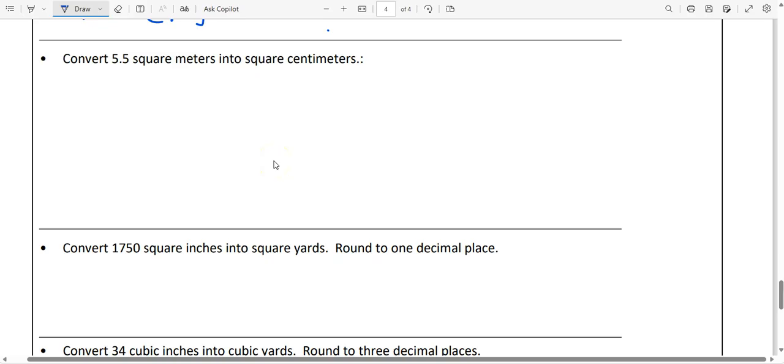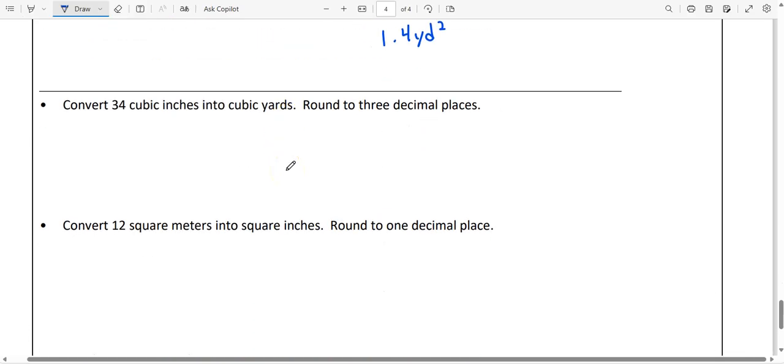Okay, so you should get 55,000 square centimeters. The next one, you should get 1.4 square yards.